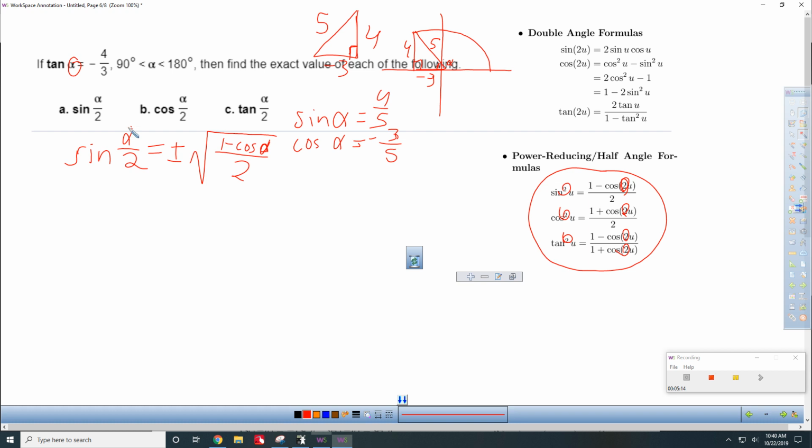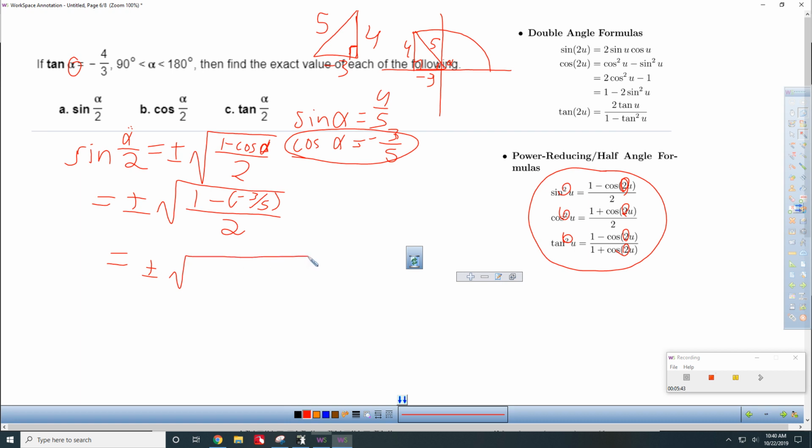We know what the cosine of A is, so we plug that in and we get plus or minus radical of 1 minus negative 3 over 5, all over 2. This equals plus or minus radical of 8 over 5 over 2, so that's 8 over 10, which equals radical 4 over 5, plus or minus radical 4 over 5, and you can simplify that if you want.